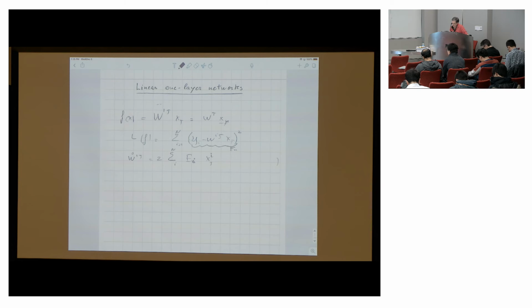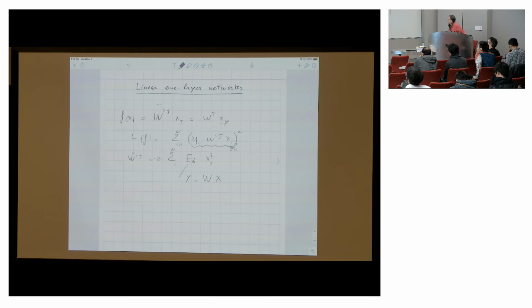So this would be the gradient descent equation. There is a minus, and suppose I look at what this is in y equal wx.